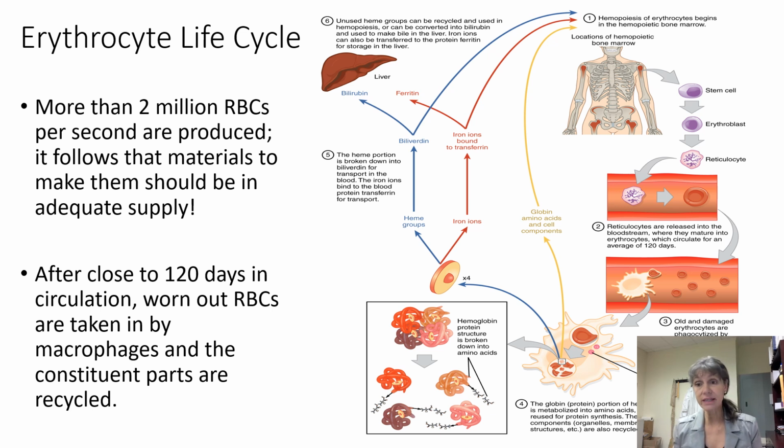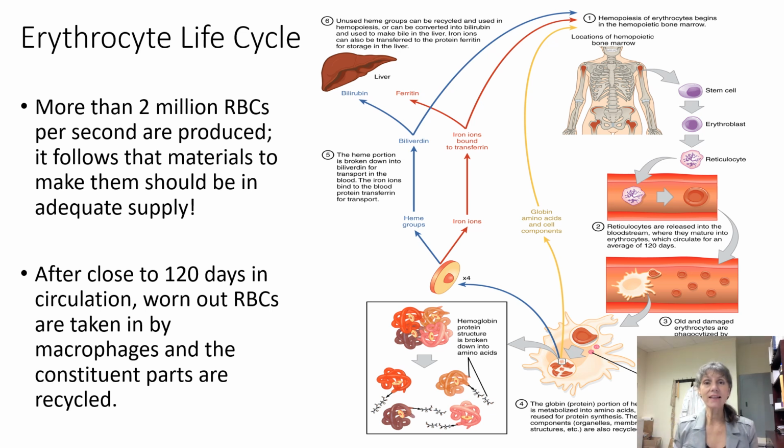And then we also need B vitamins, specifically folate and B12, because those help in the process of DNA synthesis, which occurs during mitosis. And if we're having mitosis occur with hematopoietic stem cells dividing and dividing, then obviously we need the B vitamins as well.